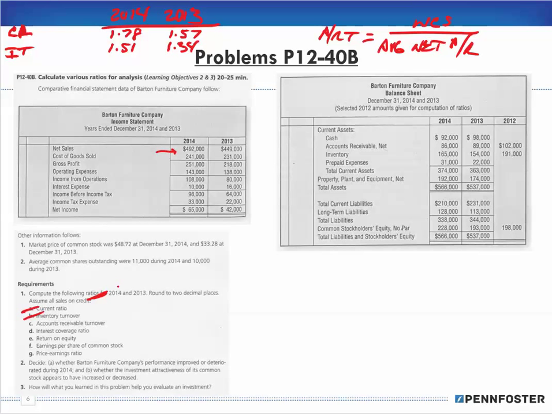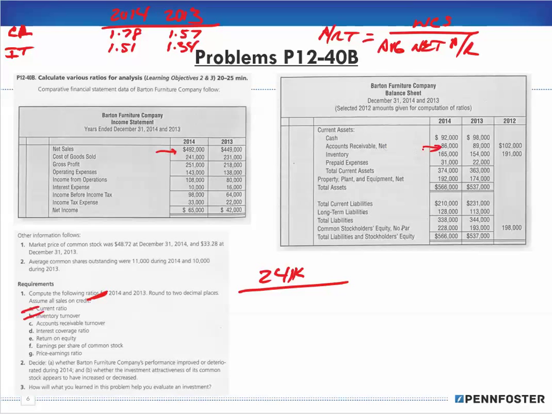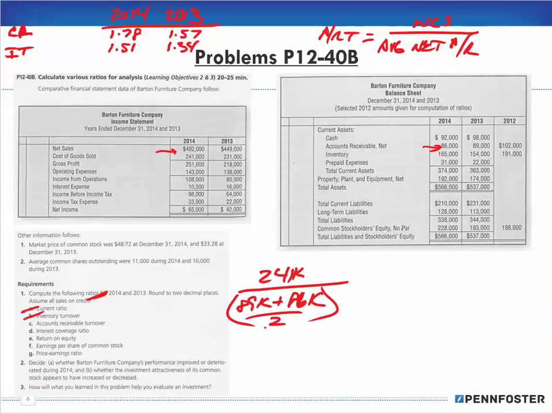For 2014 we have 241, and that's divided by our average net accounts receivable. So our accounts receivable net is here: 89,000 plus 86,000, divided by 2.